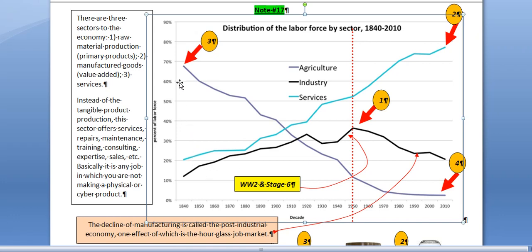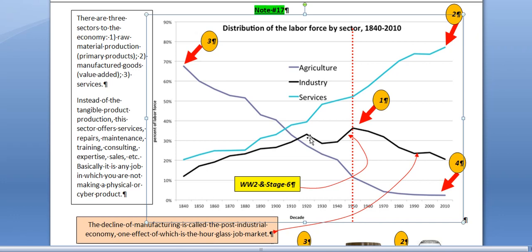And you see that way back in 1840, the main sector of our economy was agriculture. About 70% of our economy was just making food, right? And that has gone a steady decline. Now, service sector's always been rising, and you see that manufacturing rose with a decline here in 1920s.